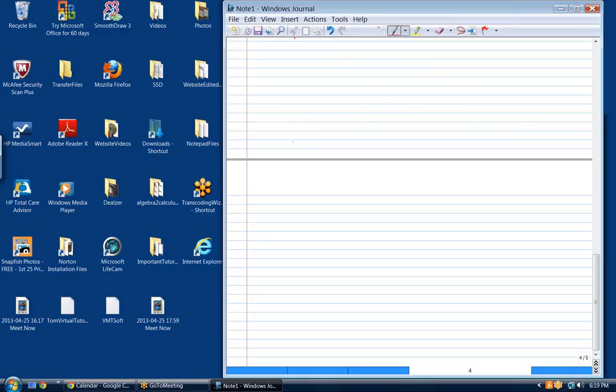So the next problem is to evaluate the integral and interpret it as the area of a region. So it's the integral from -1 to 1.